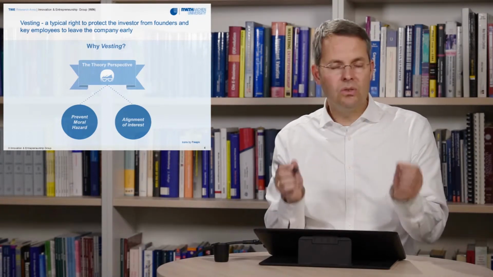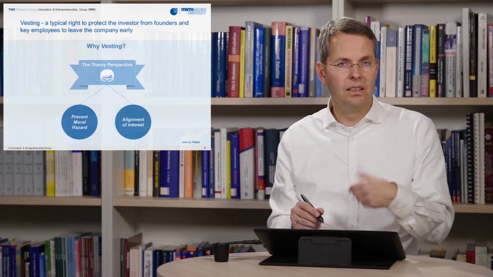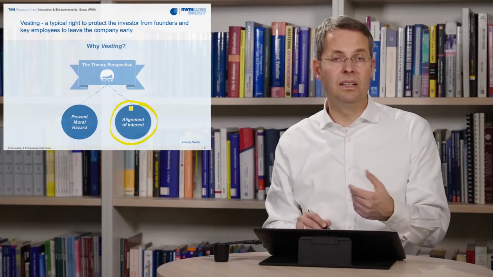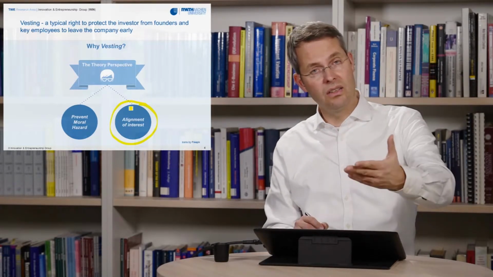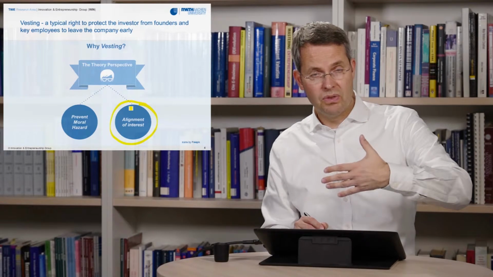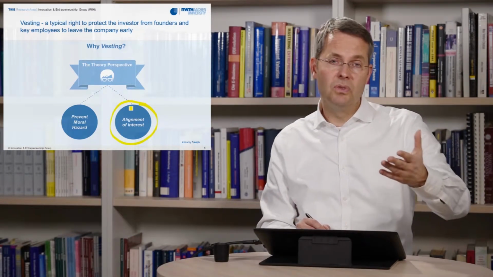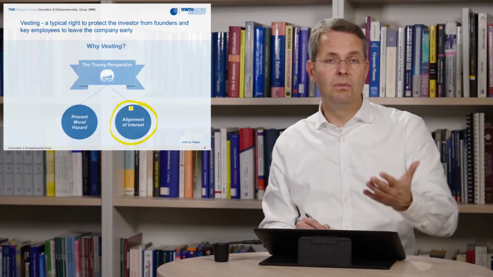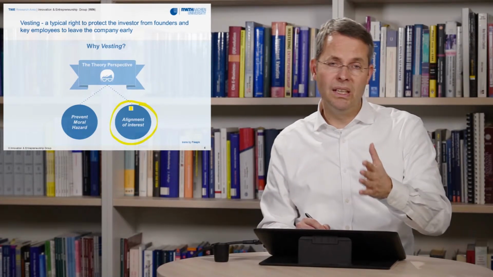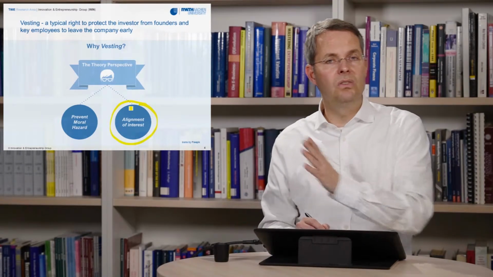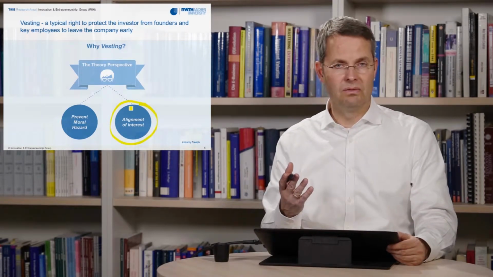So this is how to understand vesting from a theoretical standpoint. It is to align interests between the VC and the entrepreneur, the VC as the principal, the entrepreneur as the agent, and to prevent the entrepreneur from moral hazard. Moral hazard in that case would be leaving the company too early without having created enough value.